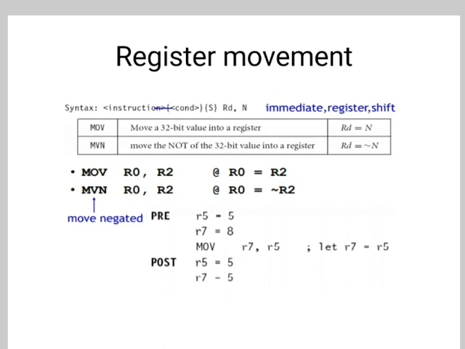So in register movement, basically there are two instructions: MOV, which moves a 32 bit value into the register, and MVN, which moves the NOT of the 32 bit value into the register. Not means negative value or inverted value.